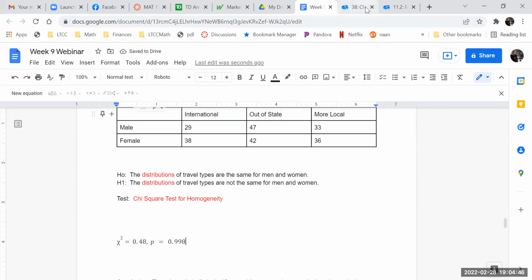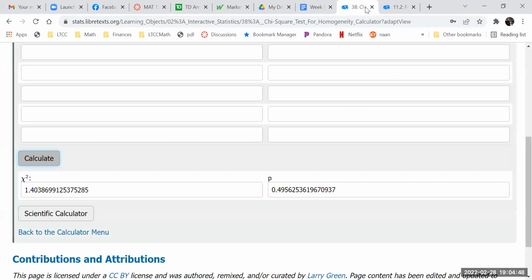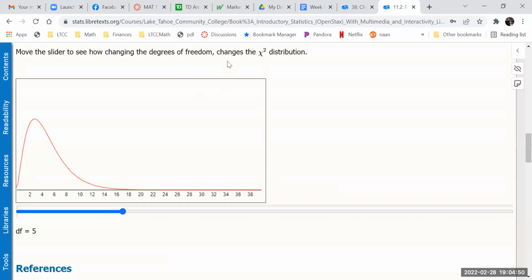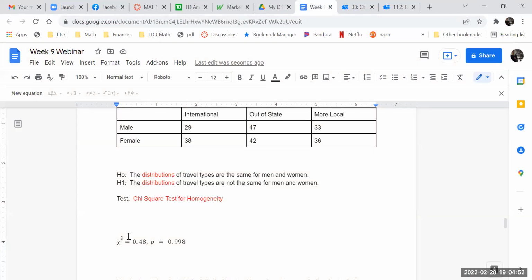So our chi-squared, again, was 1.4. And our p-value is about 0.5. Okay, and notice it's 0.5, not 0.05. Big difference. So that's a giant p-value.